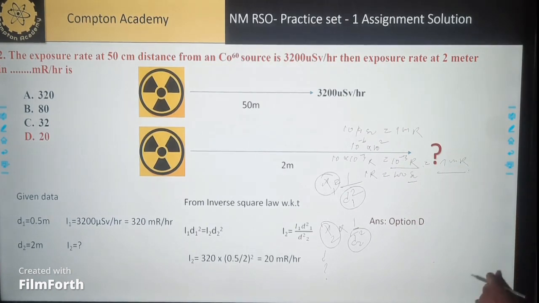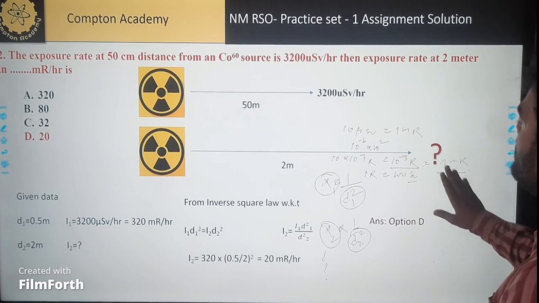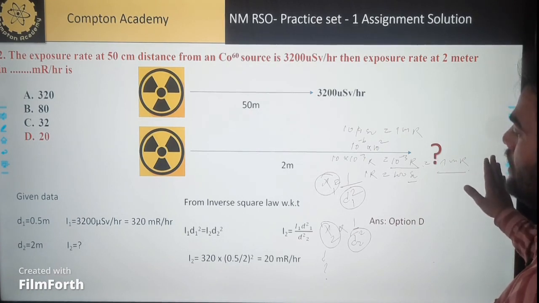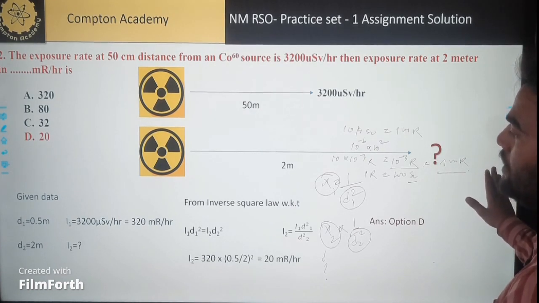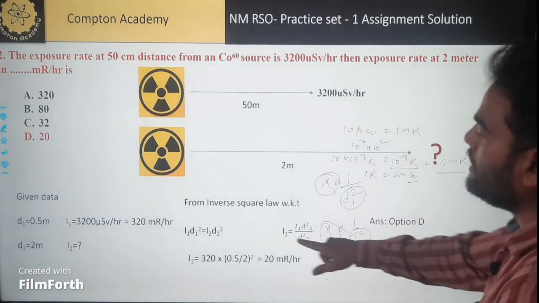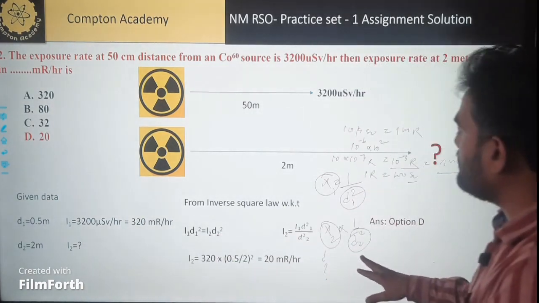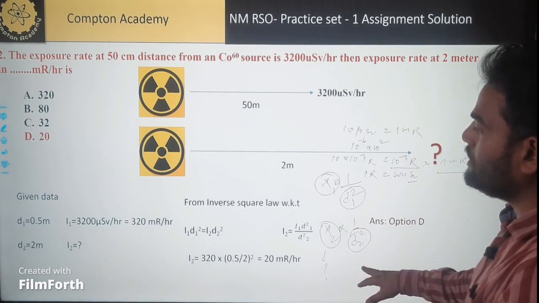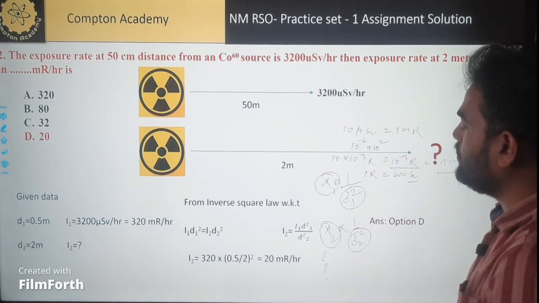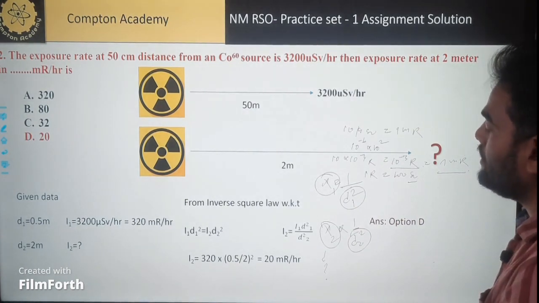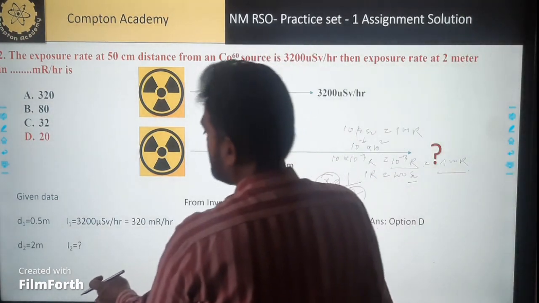So that would be the conversion of this 10 microsievert to the equivalent, which is 1 milliroentgen. Similarly we have written over here, and after using this equation, you will get the value of 20 mR per hour. This will be the right answer for this question.